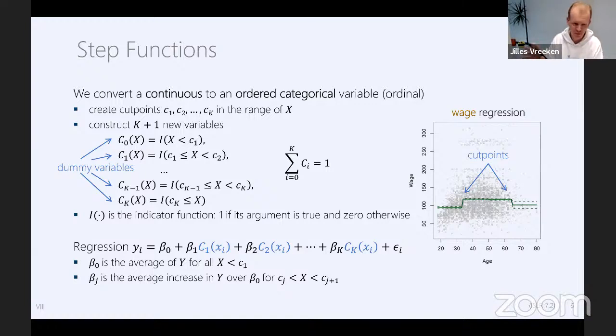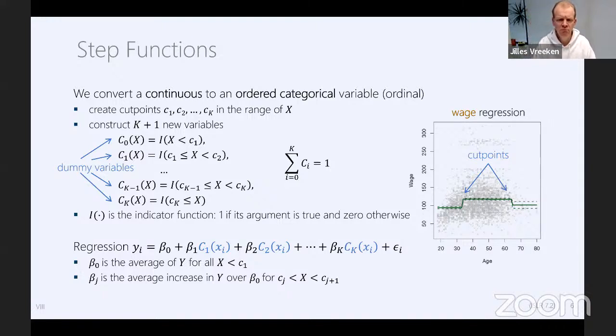Yes, it's still linear in the coefficients. What do we have? Beta naught is still the average of y for all x smaller than C1. That's really the baseline, and the other betas are essentially the increases over that.